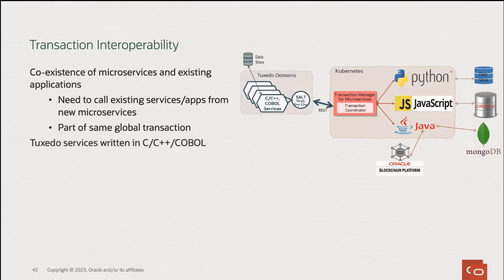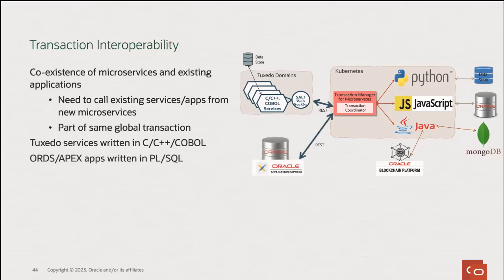Similarly, Tuxedo applications written in C, C++, or COBOL can also become participants in an XA transaction. The required support has been implemented inside Tuxedo. Likewise, PL/SQL applications that run in ORDS Apex environments are also supported as participants in an XA transaction.